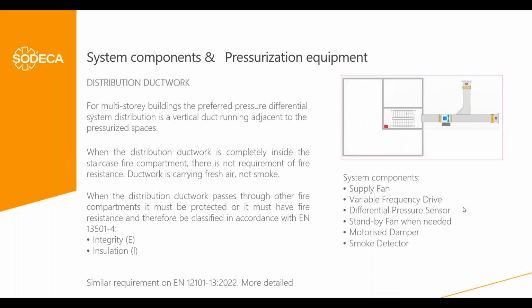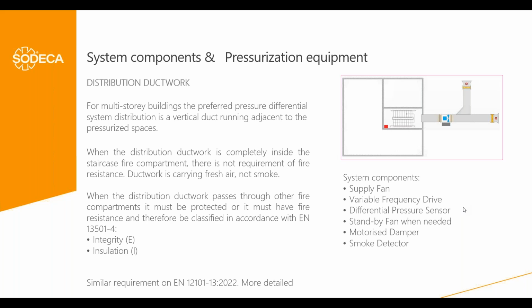Okay, so about the ductwork distribution, the preferred pressure differential system distribution is a vertical duct running adjacent to the pressurized space. When the distribution ductwork is completely inside the staircase, the fire compartment, there is no requirement of fire resistance, because the ductwork is carrying fresh air, not smoke.